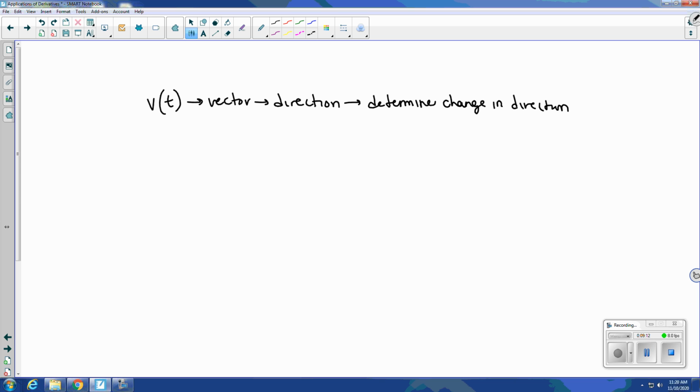And we are going to do that by analyzing a change in sign. So you're looking for going from positive to negative or negative to positive.